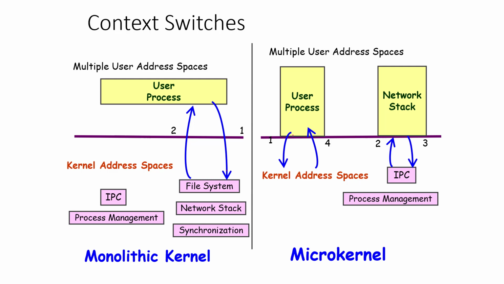In the case of a microkernel, the system call does take you to the kernel, but the kernel itself may now invoke some other code which is actually running in the user space. So the time it takes to process a system call will increase, because previously everything was within the kernel, but now the kernel calls a program in the user space. That would compute something, send the response back to the kernel, and the kernel will send the response back to the user space. So, as you can see, we are paying a price for this flexibility.